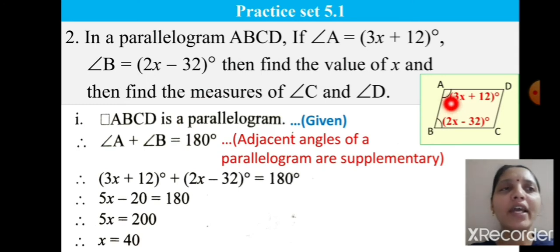We will draw a diagram according to the given information. So angle A measures 3x plus 12 degree, angle B measures 2x minus 32 degree, and you have to find angle C and angle D.